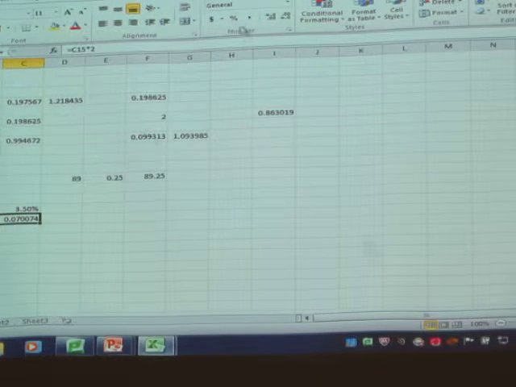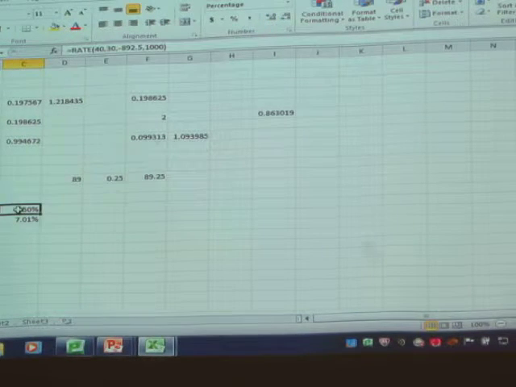If you go back to the rate formula and put in 60 instead of 30, you should get 7, right? Should be the same. There will be a little difference because of the way it's compounded. So the annual yield will be 7%. 7.01, yep. It comes out exactly the same.